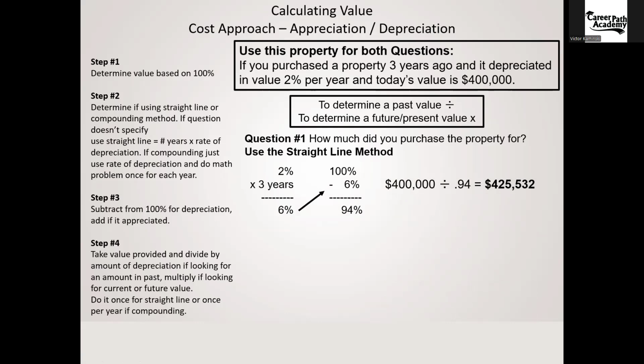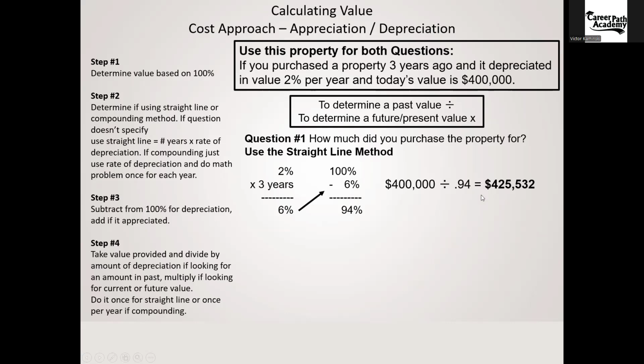So you had to have purchased it for more than 400,000. If the number was smaller, you did it wrong. You probably multiplied. But if it's larger, that's correct. And that's how we come up with it.